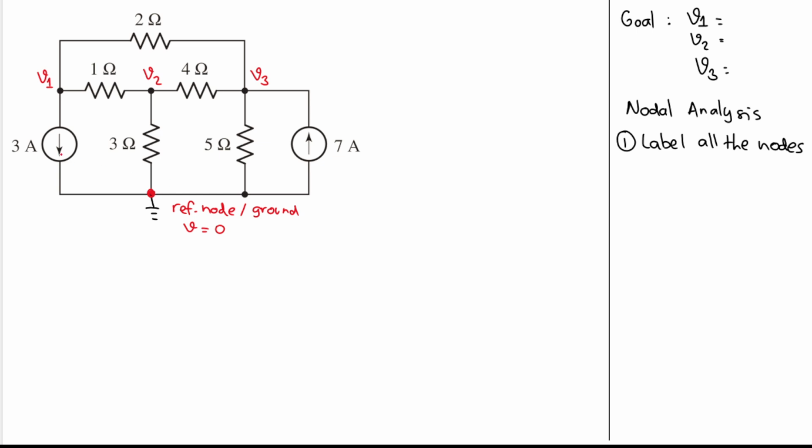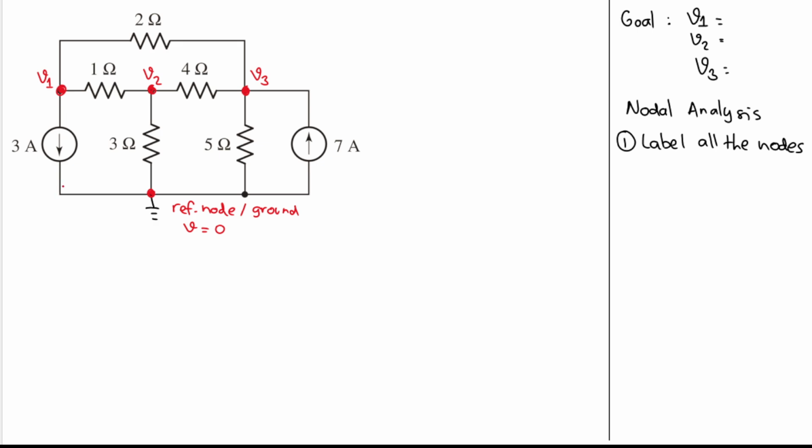And here we have three essential nodes, which are V1, which we already labeled and is the question of the problem, and then V2 here, and V3 here. I can also get some information here: this is a current source, so we know exactly the current in this branch.